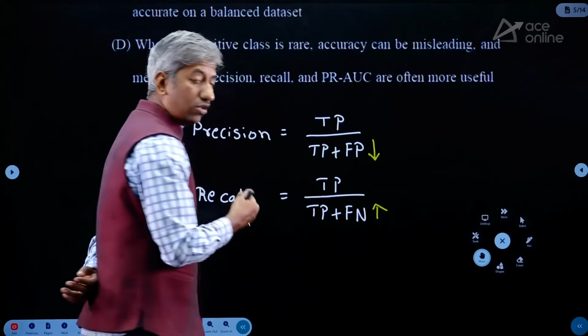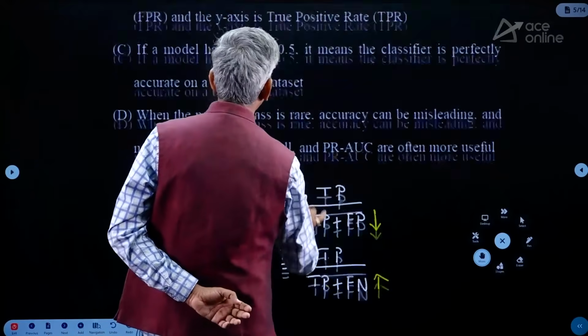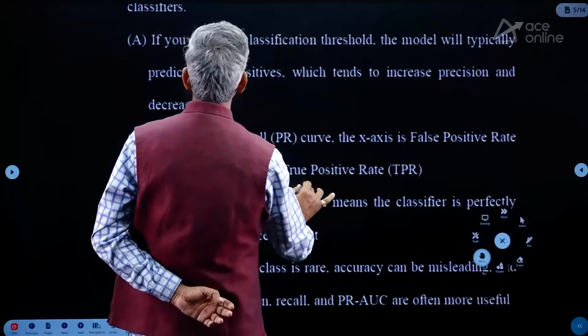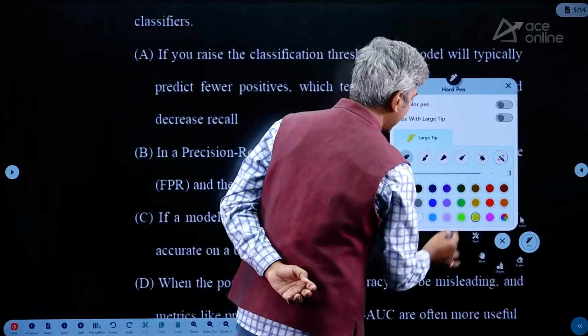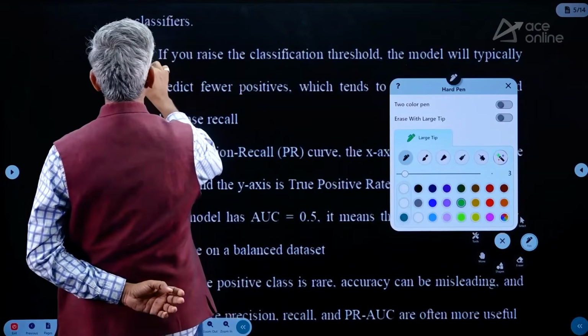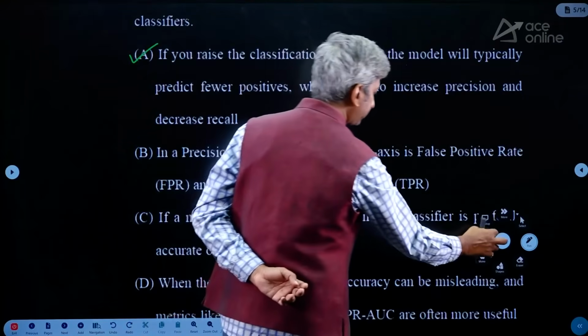So because of the increase in the threshold level, precision increases and recall decreases. So this is exactly what is given in option A, such that option A is correct.